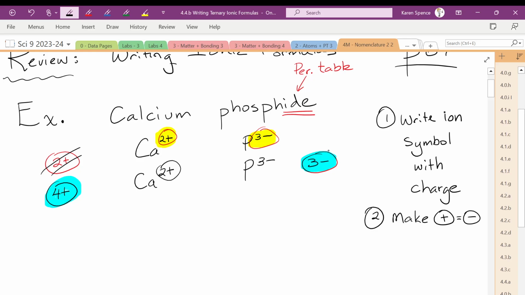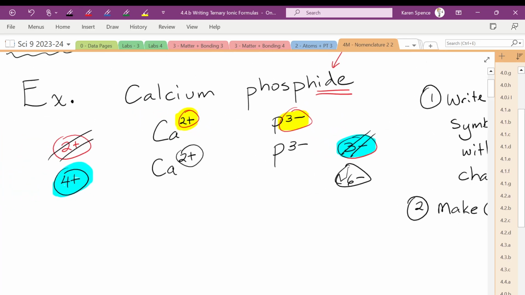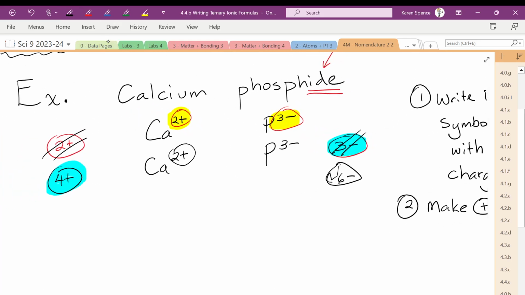That means our overall charge for negative is no longer 3 minus. It is now 3 plus 3 is 6 minus. Does my positive equal my negative? I have 4 positive and 6 negative. Are those equal? No. Which one do I need more of? We need more positive, so we're going to draw another positive, Ca 2 plus.